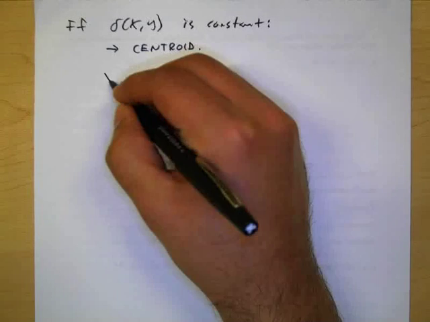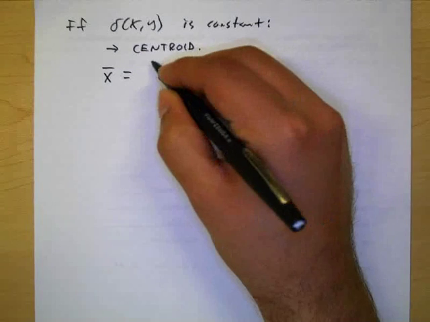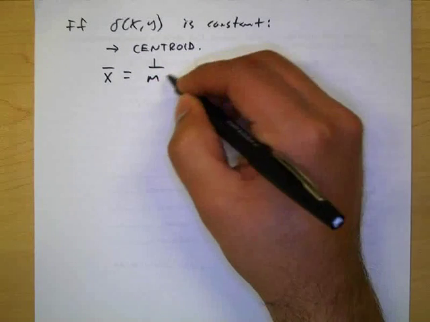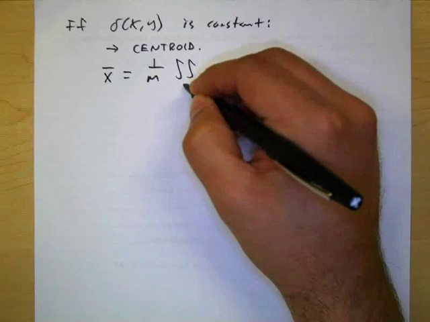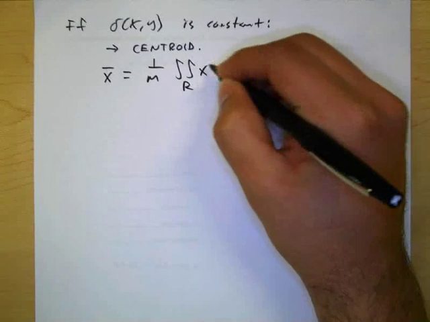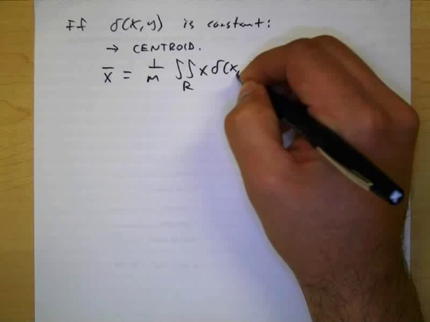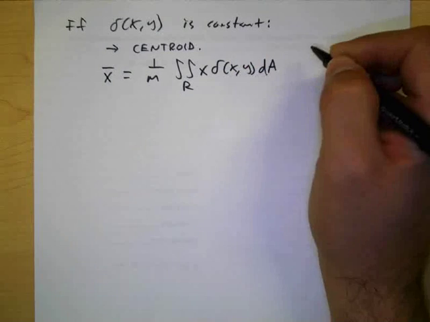If that's the case, if we take a look at our formulas, the x-coordinate for the center of mass was 1 over mass times the double integral of x times the density function, dA.